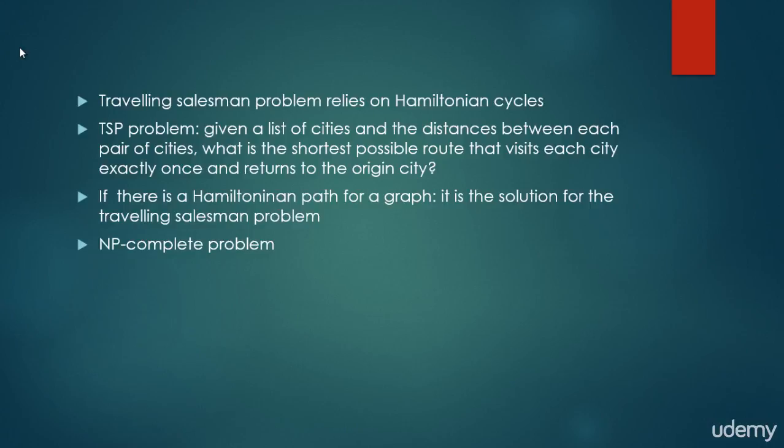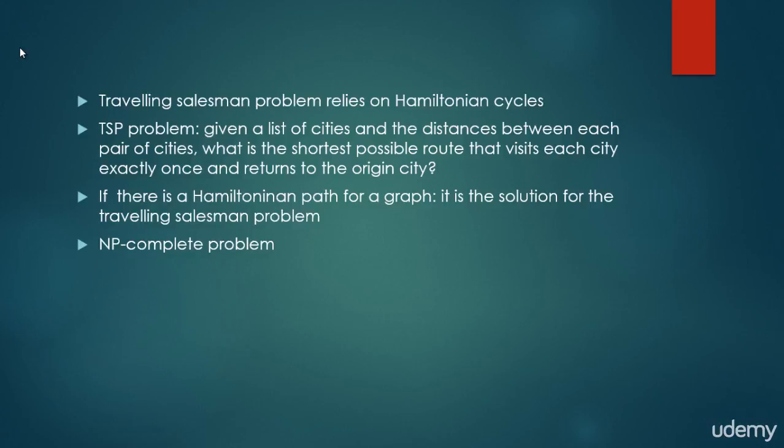And because finding the Hamiltonian cycle is an NP-complete problem, finding the solution for the traveling salesman problem is also NP-complete. There's another chapter where I'm going to talk a bit more about the traveling salesman problem. Why is it important? What are the applications? And in this section we are going to implement it with the help of simulated annealing.